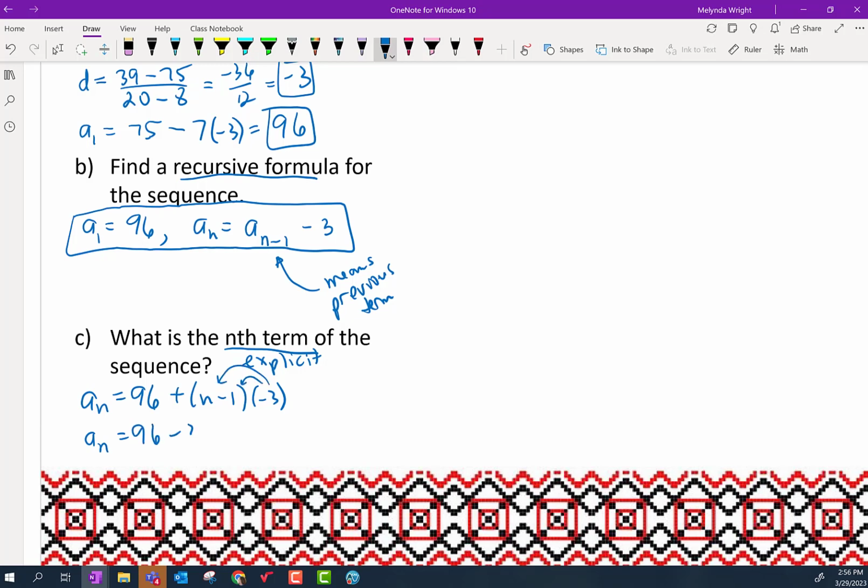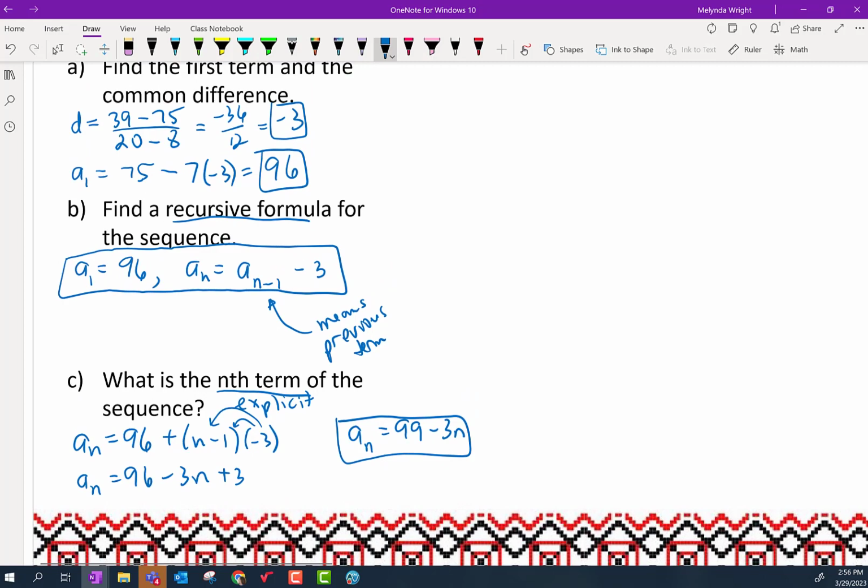That gives me negative 3n plus 3. Then simply cleaning it up, it gives me 99 minus 3n, and that's my nth term formula. Okay, so there we go. We just practiced writing two different kinds of formula for the same sequence.